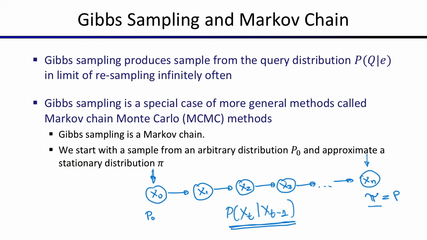And if we iterate long enough, our initial assignment will start to converge to this stationary distribution. So one important point here is to find out when we have reached the stationary distribution. When we have reached it, we can start sampling from this distribution and use those samples to answer queries that we are interested in.